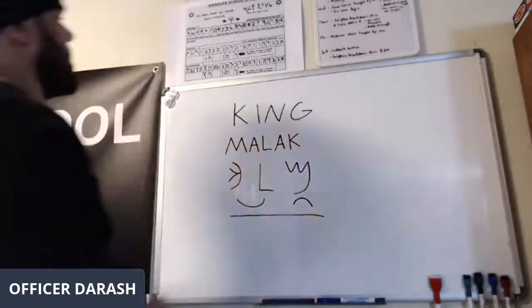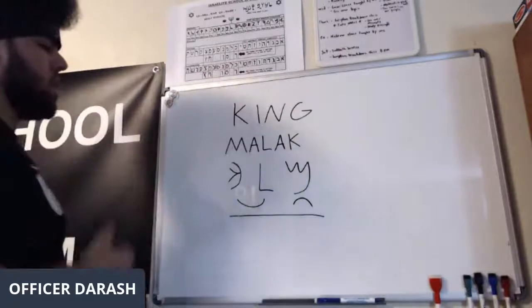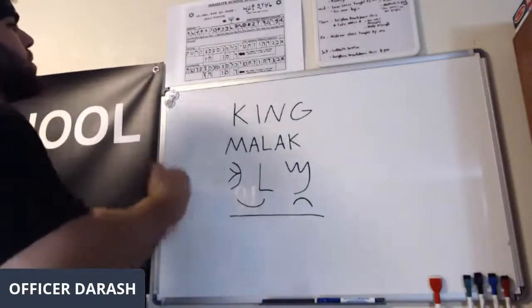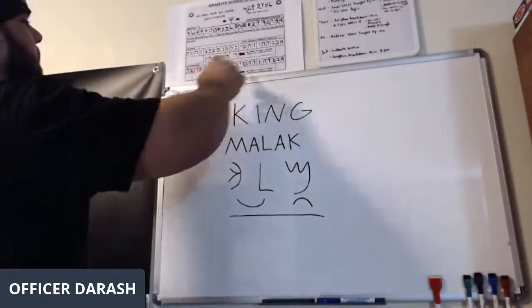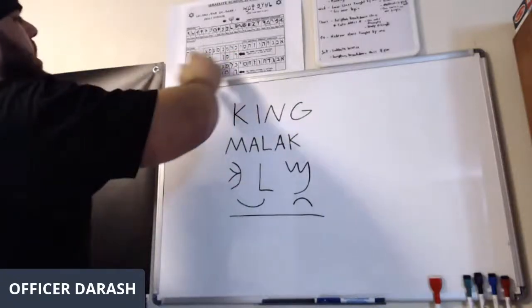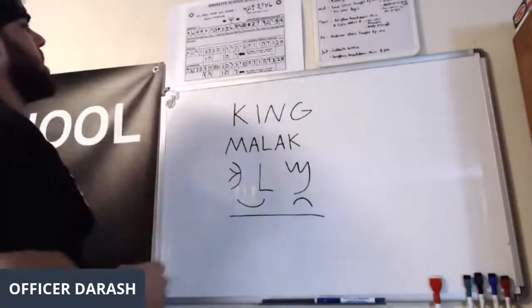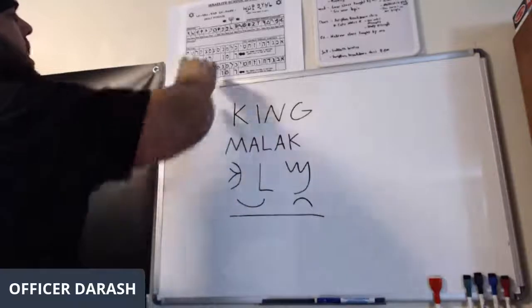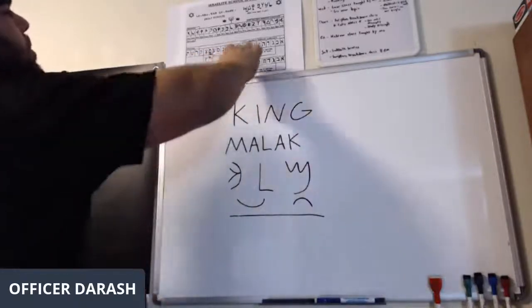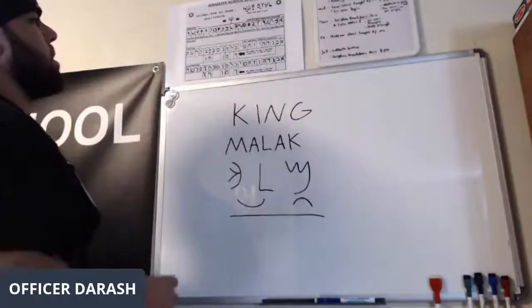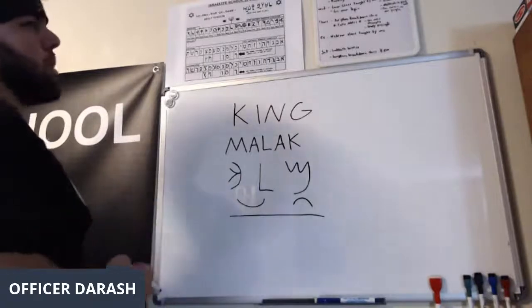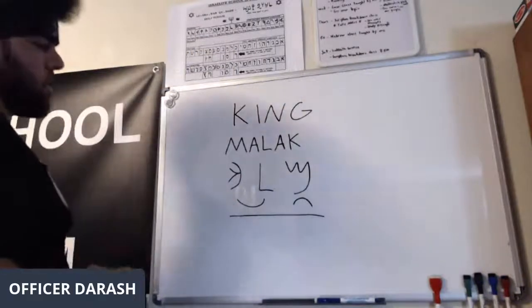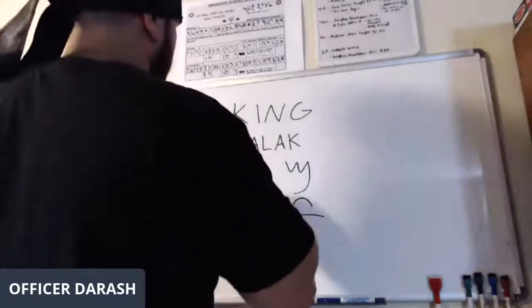I keep saying Yiddish. This is Assyrian, not Yiddish. I don't want to confuse you guys. Yiddish would be like this with a bunch of vowel pointings. This is Assyrian. This is what our people wrote coming out of the Babylonian captivity. There's a difference between this and Yiddish.